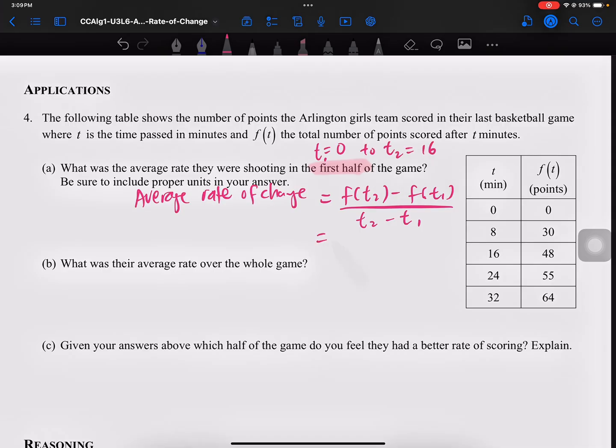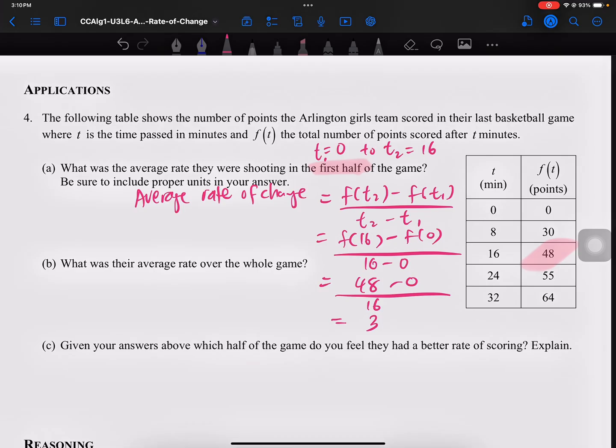So we plug in f(16) minus f(0) over 16 minus 0. F(16) from the graph, our output, is 48, and f(0) is 0. So it is 3 points per minute. That means in the first half, they scored an average of 3 points for every minute of play.